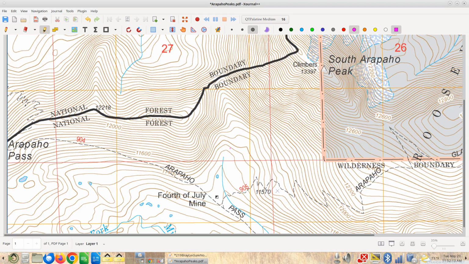And I think it's also interesting to notice that the hiking trail here does this zigzaggy thing. Why do they do that? Well, I can tell you from personal experience, this is too steep for me to just climb straight up. It's a slog. It's brutal.